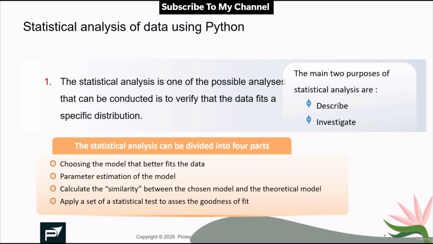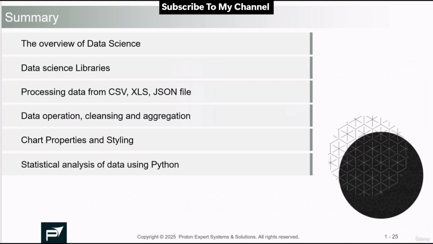In this lesson, you have learned about the introduction to data science libraries, processing data from CSV, XLS, and JSON files, what are data operation, cleansing and aggregation, chart properties and styling methods, statistical analysis of data using Python.